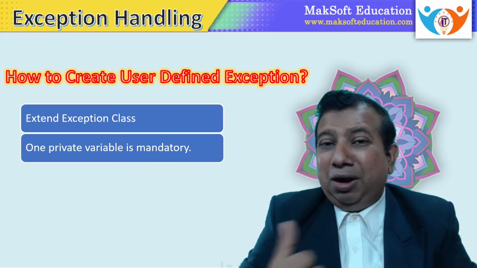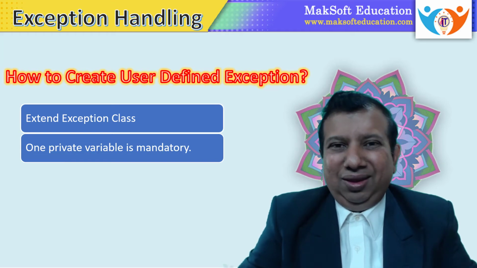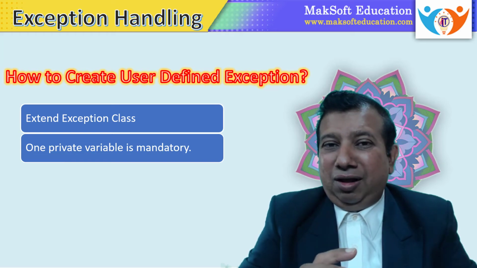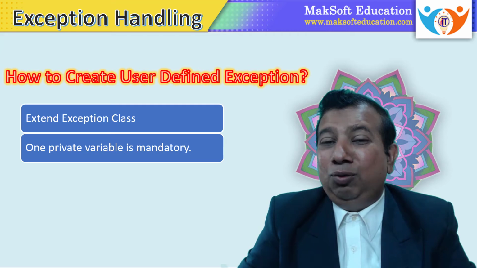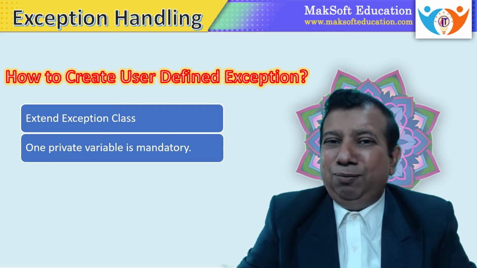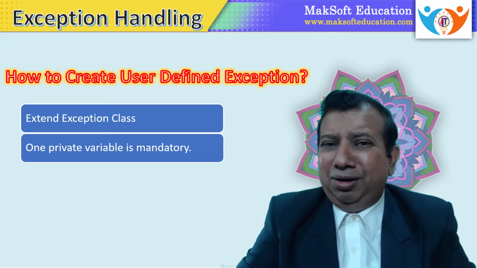Now how will the private variable get the value? For ready-made exception classes, we don't create the object. Because of the situation, the object will be created by Java itself, and the reason will be added by Java itself.